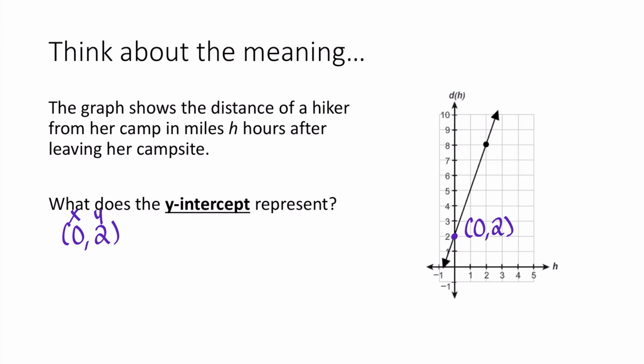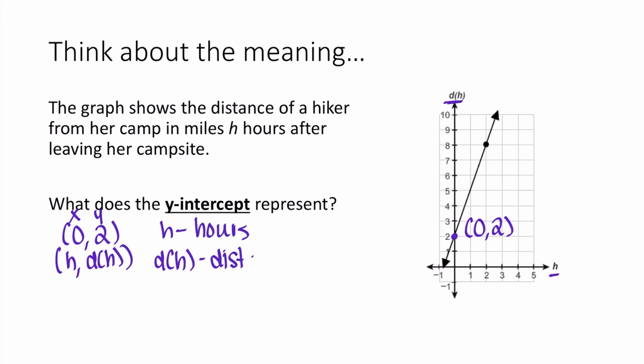Well, in this problem, we're not talking about x and y, we're talking about h and d of h. And what these two variables mean are outlined in our problem. h is the number of hours, d of h is the distance, which is described in miles.